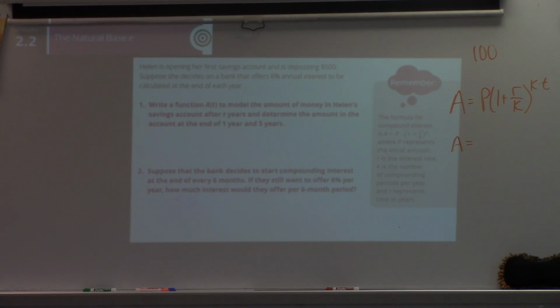Well, it would be 5%, so 0.05 times 110.25. 5.125. And so I add that. So notice, this is important to note here.